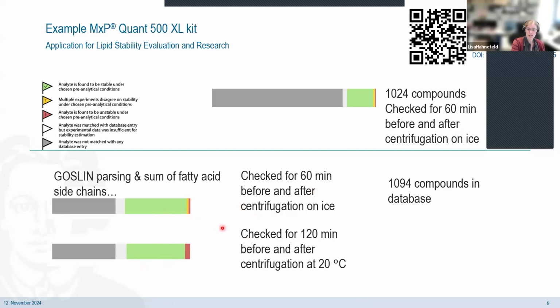But if you take, for example, 2 hours of processing time at room temperature each, you see that the number of unstable compounds significantly increases. And that can be really useful, because if you don't consider pre-analytics, maybe your samples, or probably they will, not be taken in a really short time.